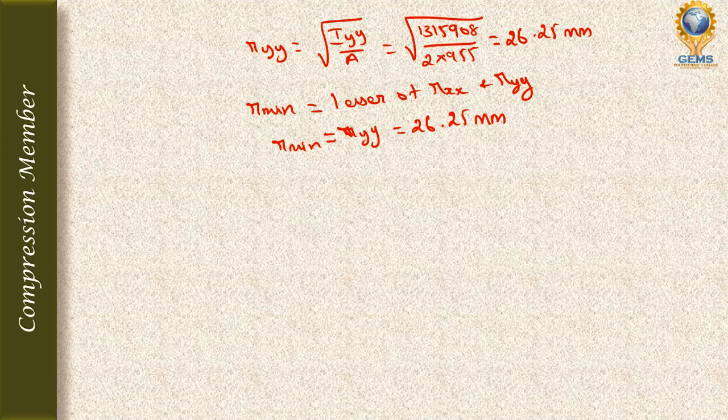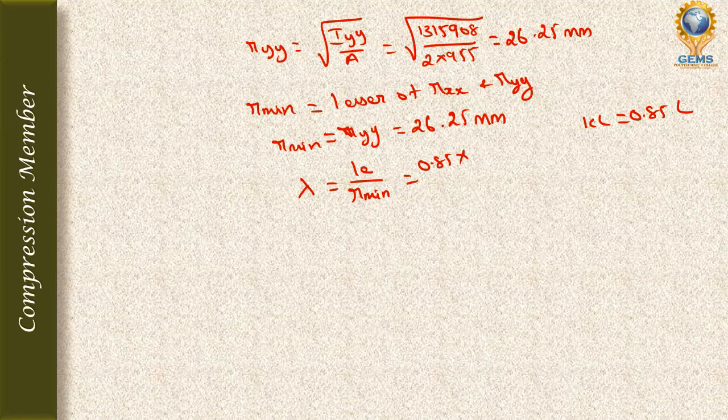Then we have to find the lambda. Lambda is effective length by R minimum. So for KL we have to assume between 0.7 to 1 L. So we are assuming 0.85 L. So that is equal to 0.85 into, what is the length given in the question?